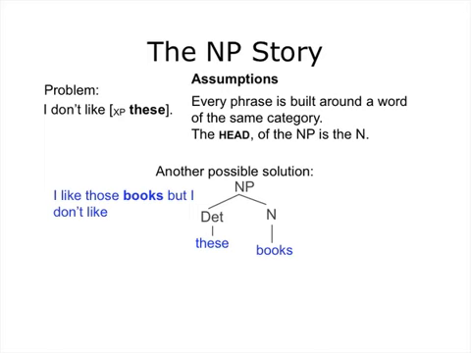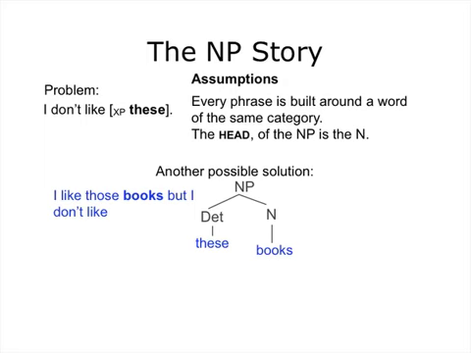Another way of looking at this is that there is another thing that you could do. So we know that we can do things like this: I like those books, but I don't like these books. Would we ordinarily say something like that? I see two stacks of books, and I go, well, which ones do you like?